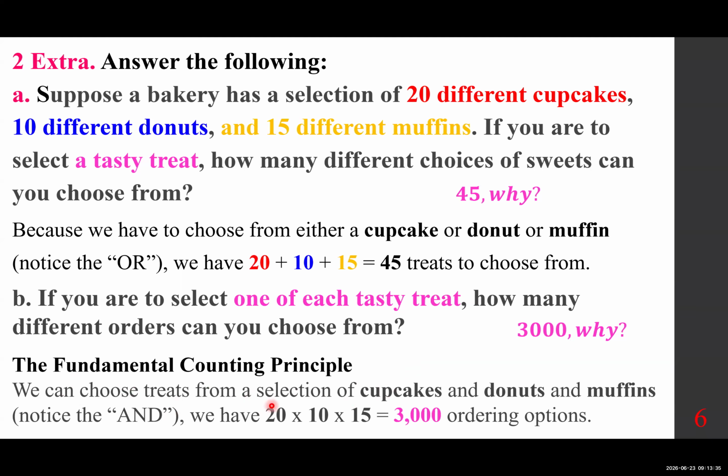So we have 20 choices here, 10 choices here, 15 choices here. The product is 3,000. And that's what gives us a larger number. So we want to be very careful with that. So it's pretty straightforward, everybody. Again, fundamental counting principle.